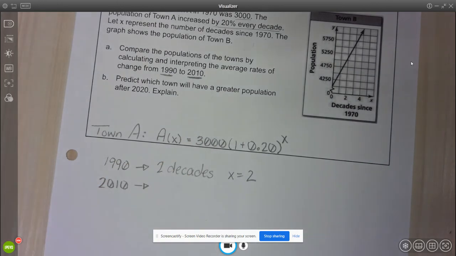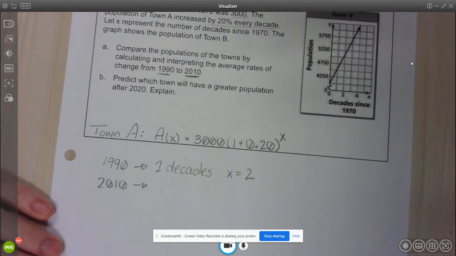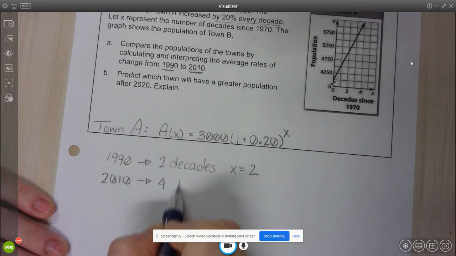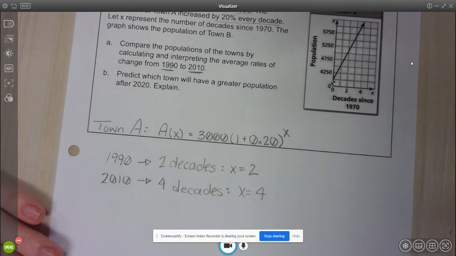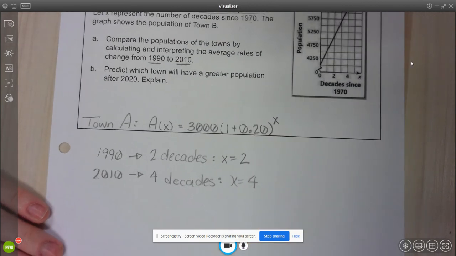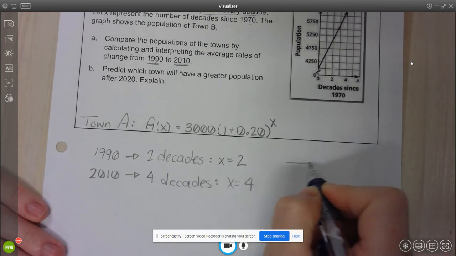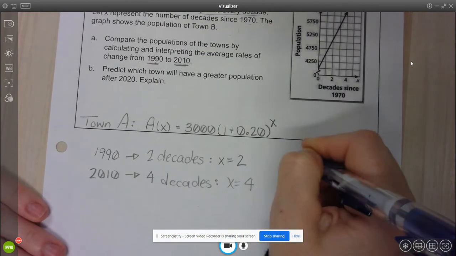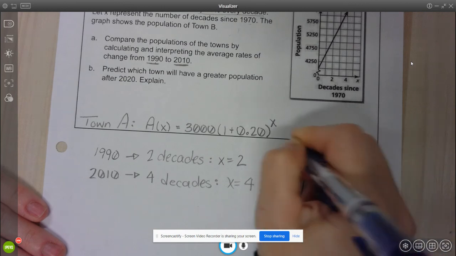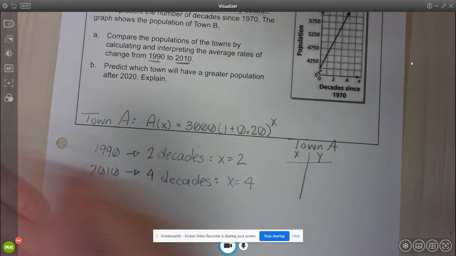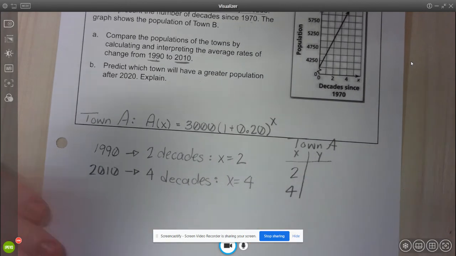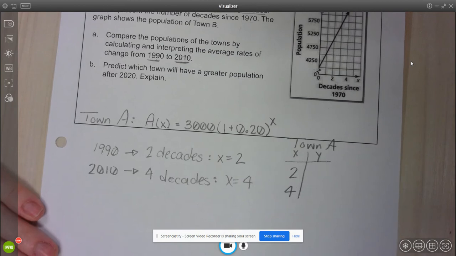For 2010, if I did 2010 minus 1970, that would give me 40 years, which would mean that was 4 decades. So X would equal 4. So I need to find for town A and town B my output values or my population values for 2 and 4.